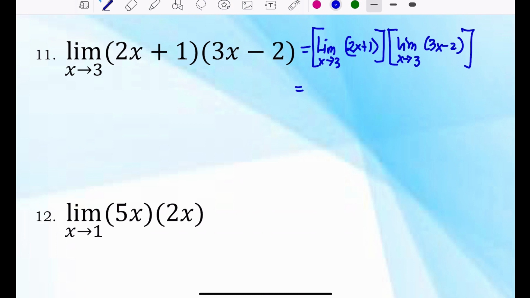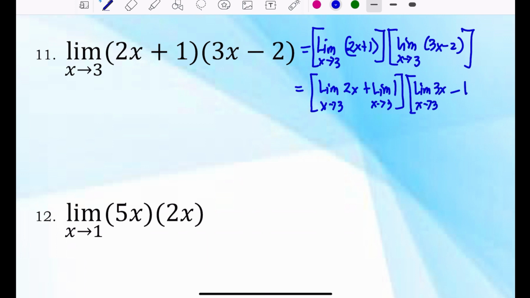Then simplify. So this will become the limit of 2x plus the limit of 1 where x approaches 3, times the limit of 3x where x approaches 3 minus the limit of 2 where x approaches 3. Then simplify.